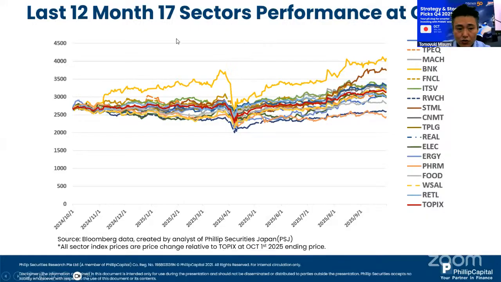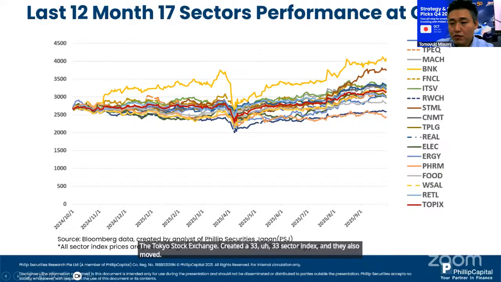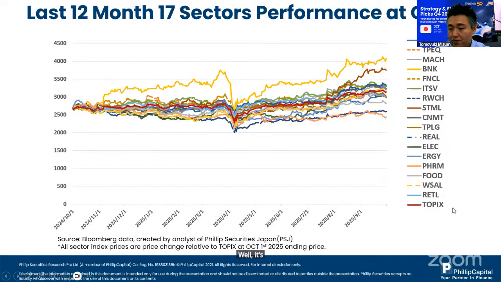The Tokyo Stock Exchange created a 33-sector index, and they also put together 70 sector indexes, so that ETFs can be created as index funds for selected sectors.